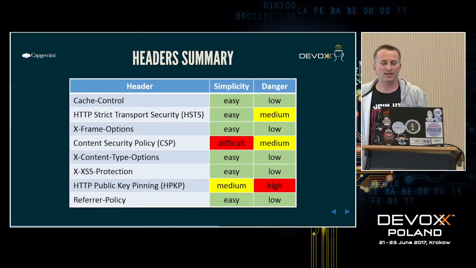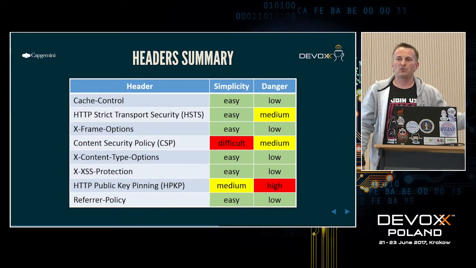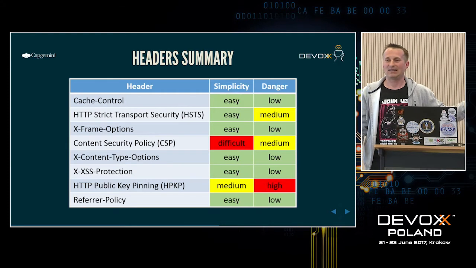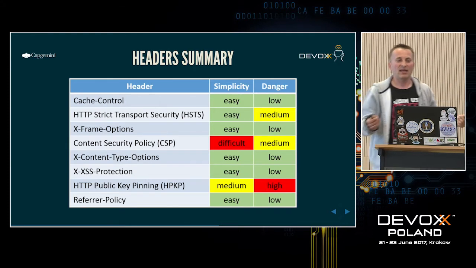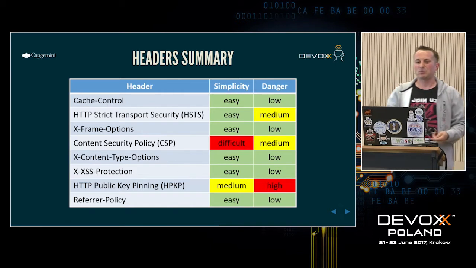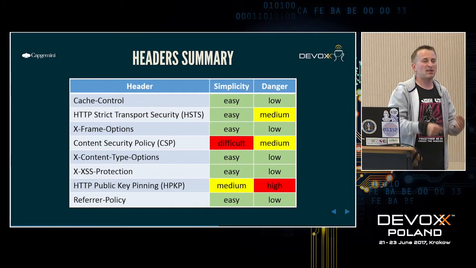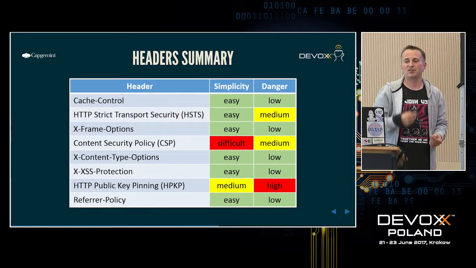To summarize the headers, there are things you should think about at least once. There are things that are very easy and that you should implement, and there are things, some headers impose greater danger than others.